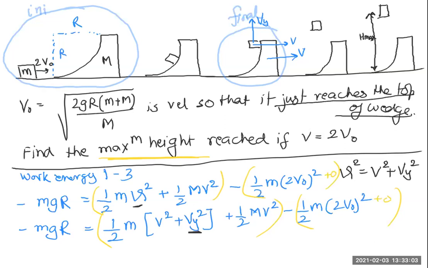But after writing the work-energy theorem, I have to analyze how many unknowns I have. On the left-hand side there is no unknown; on the right-hand side, this V is unknown, Vy is unknown, and that's it. There are two unknowns, V and Vy. So if there are two unknowns, that means I need two equations, right?